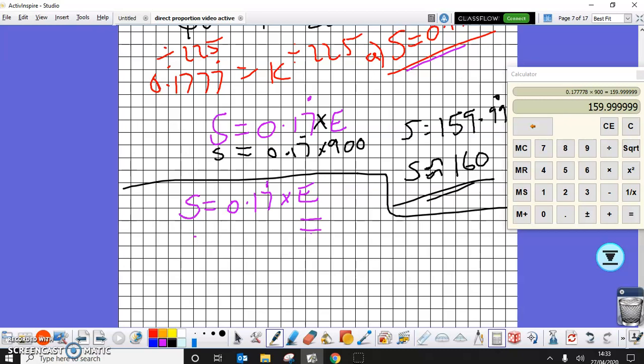So all we're going to do is take this and do the opposite. So we're going to divide by 0.17 recurring. So S divided by 0.17 equals E. And that's the answer to that question.